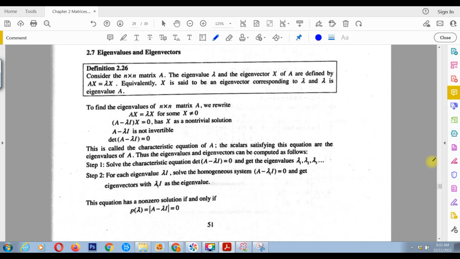What is eigenvector? Try. It's okay, it's wrong.